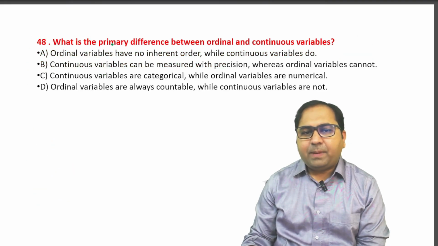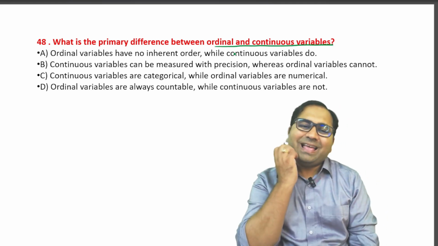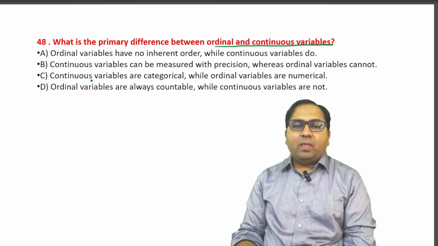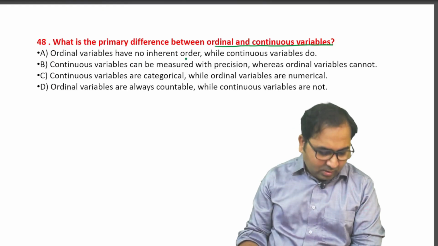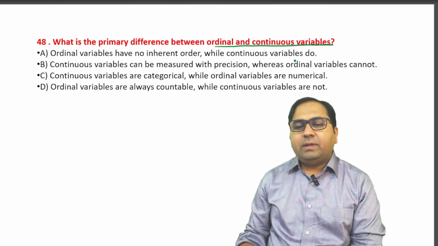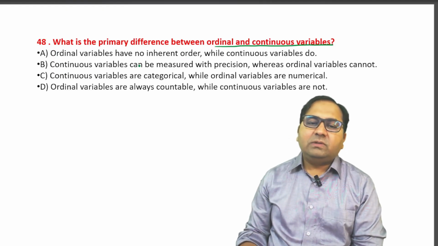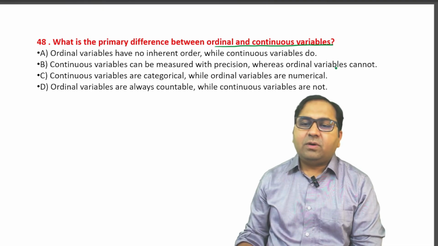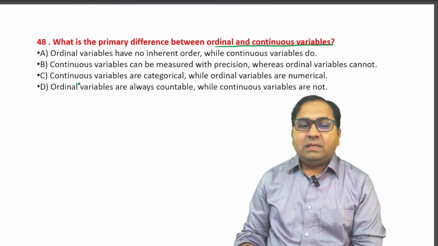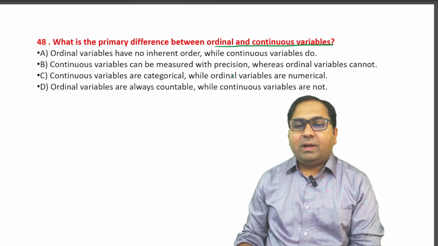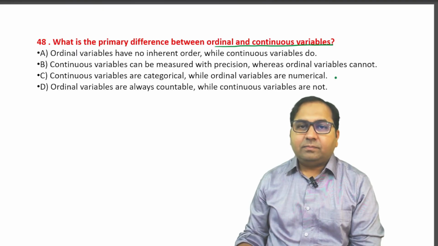Now, what is the primary difference between ordinal and continuous variables? This is a variety question. The options are A, ordinal variables have no inherent order, while continuous variables do. B, continuous variables can be measured with precision, whereas the ordinal variables cannot. C, the continuous variables are categorical, while the ordinal variables are numerical.